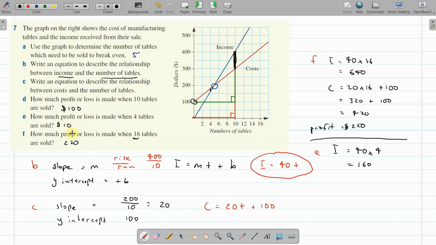We'll see how close it got. What did I say? 10. The cost is 20 times the number of tables plus 100. 20 times 4 is 80, plus 100, 180. And the difference is 20. So the answer is 20, using the algebra, which is more accurate. We couldn't read off that. 20. Thank you.